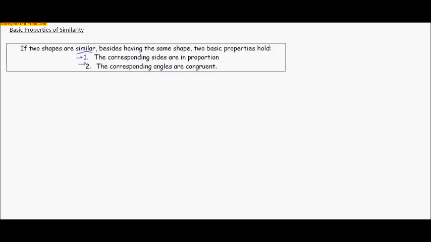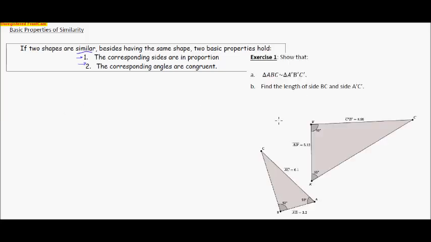I think the easiest way is to just bring this first exercise up here, and you can see we have two triangles. In part A, we need to show that triangle ABC and triangle A prime, B prime, C prime are similar to each other. I really like to use blue instead of black, because black is the color that I have for the lettering.